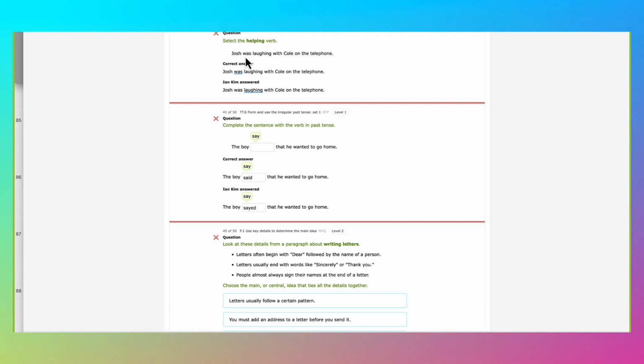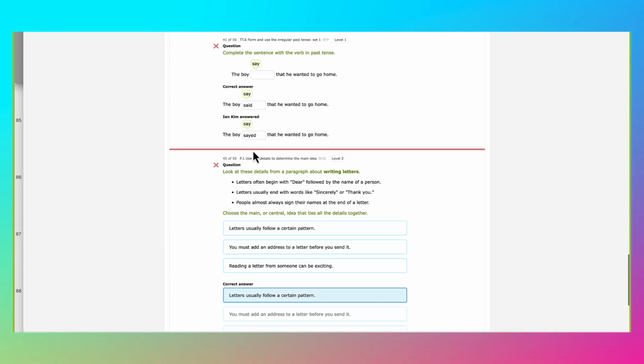It's helping the audience understand what kind of tense Josh is going through. It's a past tense, past progressive to be specific. So the helping verb is was. The main verb would be laughing. Okay, you chose the main verb. The question is for helping. What's helping the main? Was.